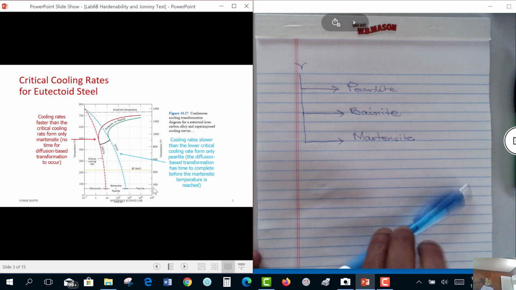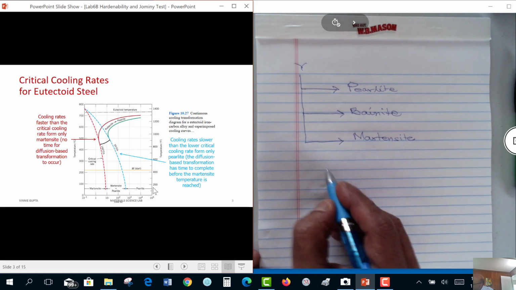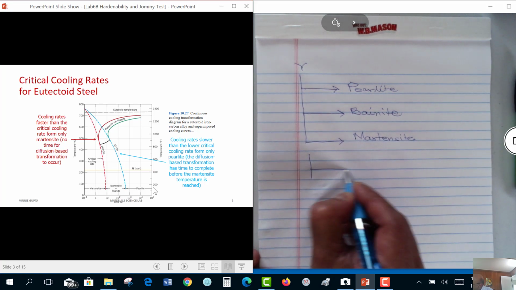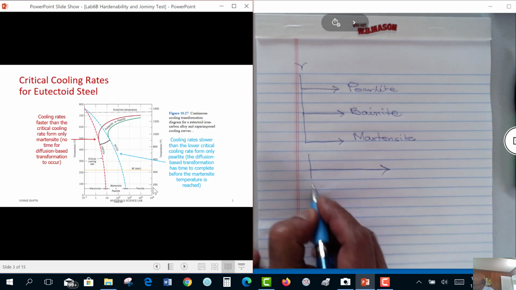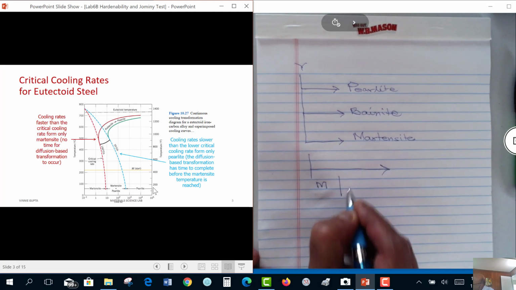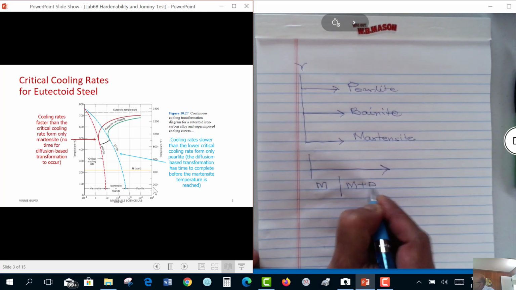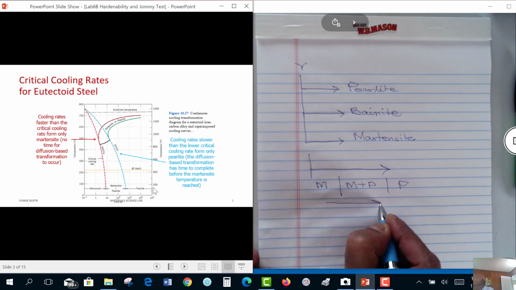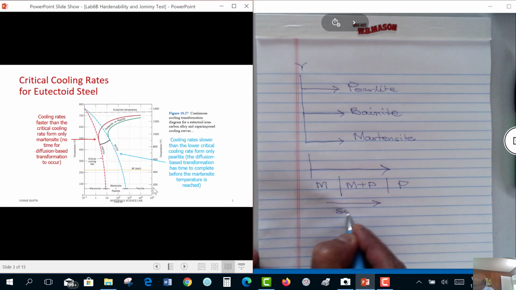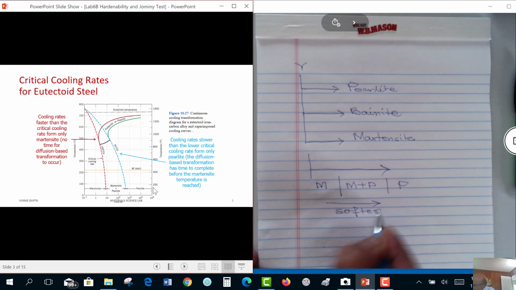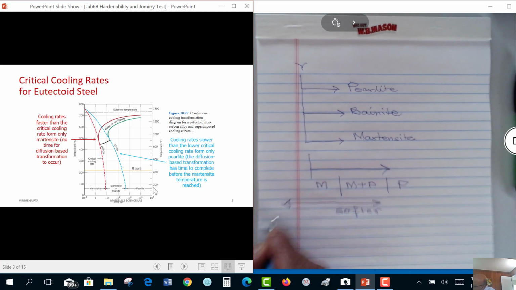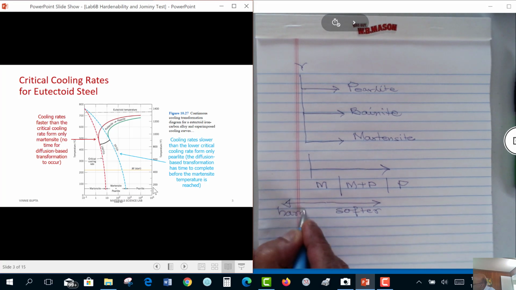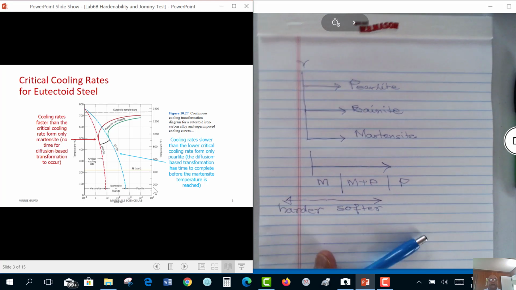But the key idea here is that depending on the cooling rate, as we go to the right, we get martensite, or martensite plus pearlite, or all pearlite. As we go to the right, basically the material is becoming softer. Or if we go to the left, it is becoming harder. That's the idea.